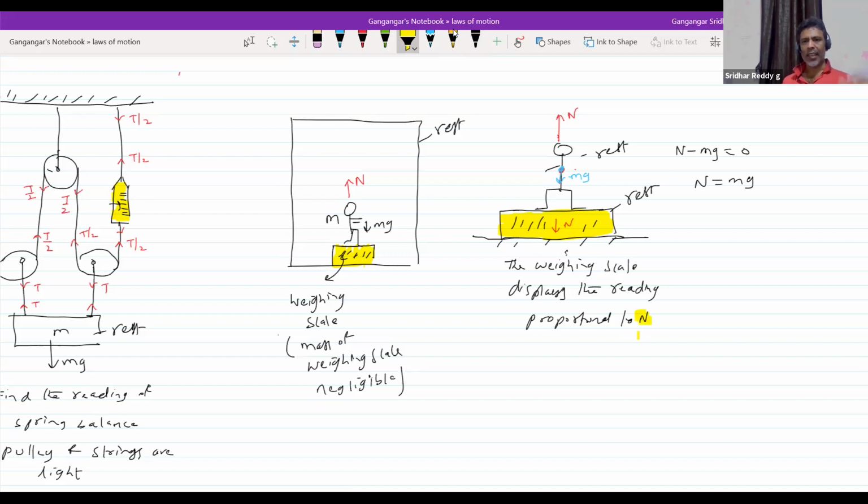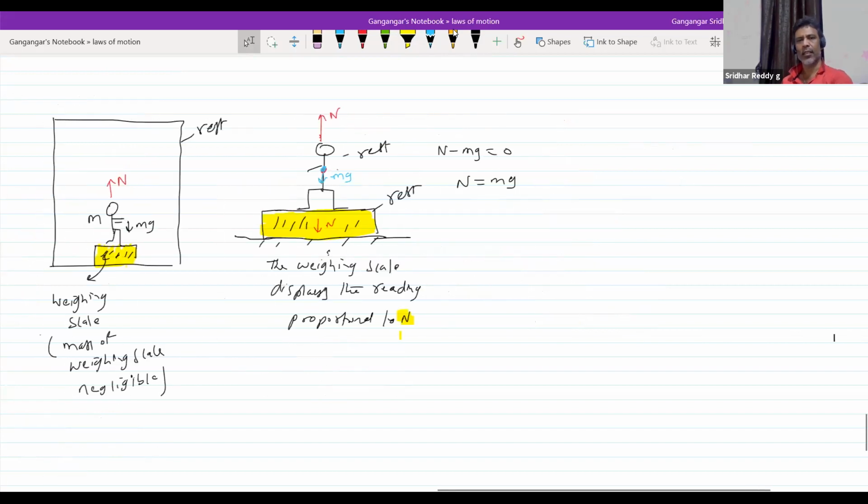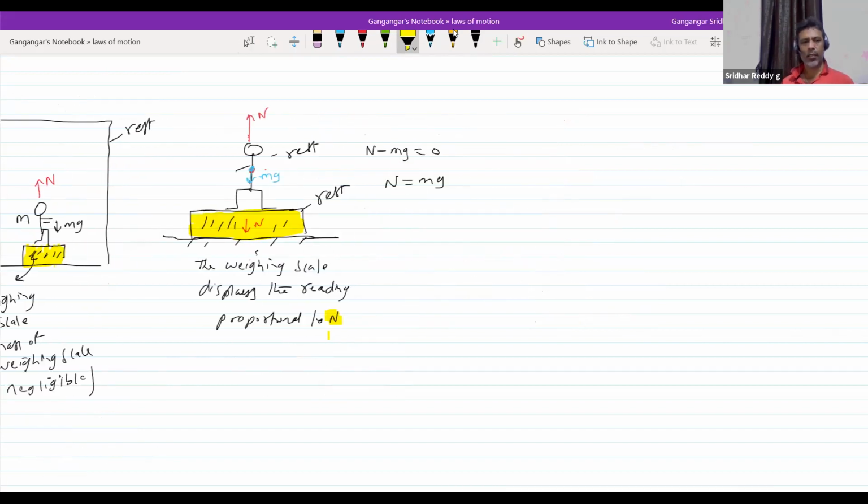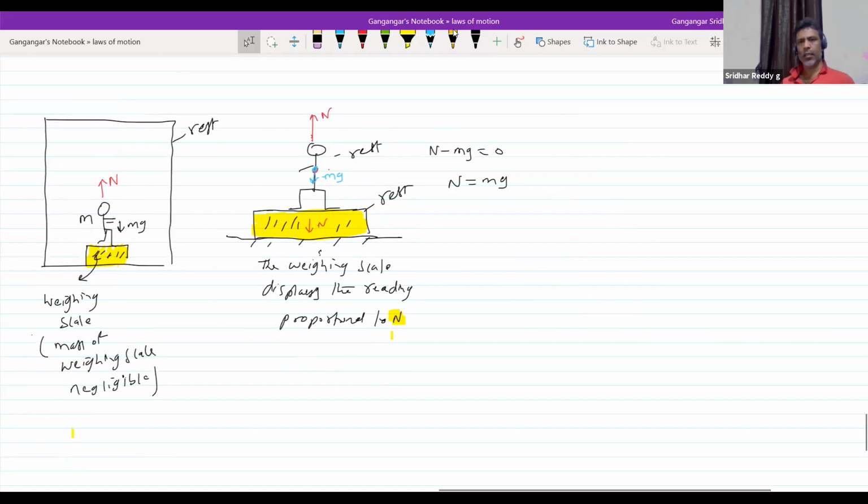Now if the lift accelerates, what changes are you going to make here? If the lift accelerates, what changes will we make? A small idea based.